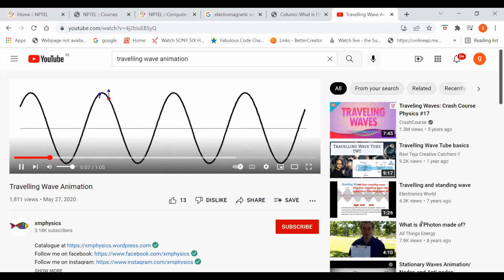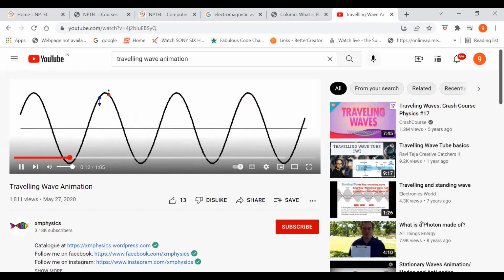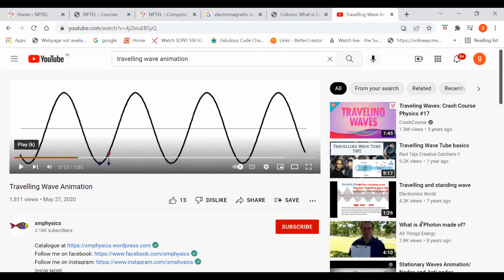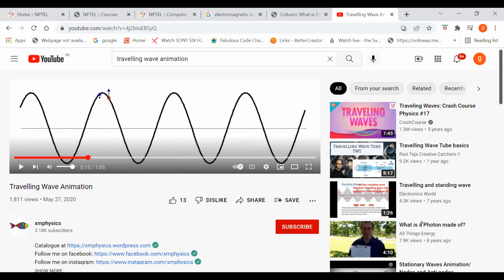You can see the blue color and red color. Look at this blue color ball. Initially it is here, right?